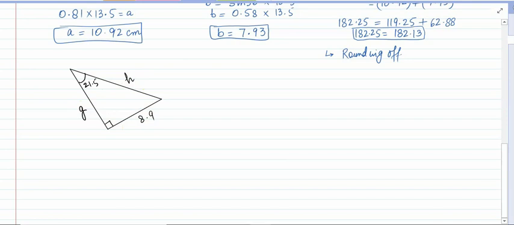So first, you guys try this question by yourself, right? Make your data, highlight the unknowns, think that which formula you should apply, and keep in mind that one unknown at a time, right?